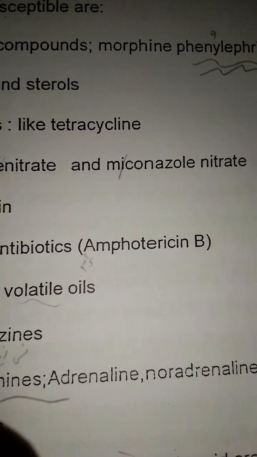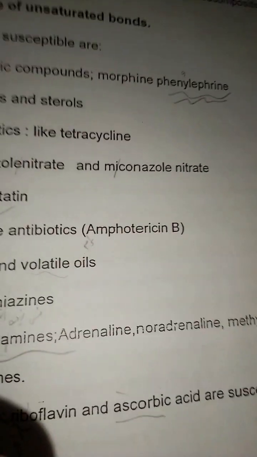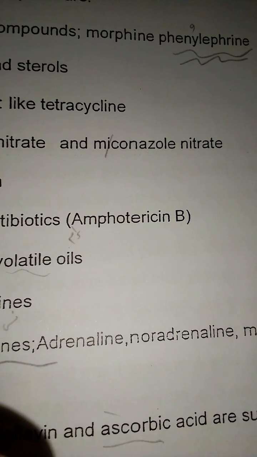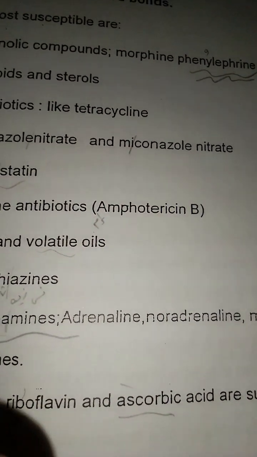Presence of unsaturated bonds. The most susceptible are phenolic compounds: morphine, phenolphthalein, steroids, and sterols.